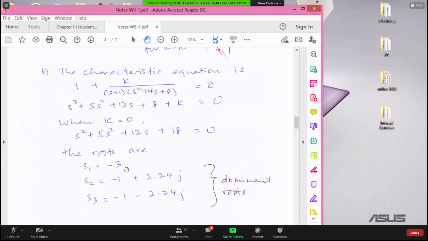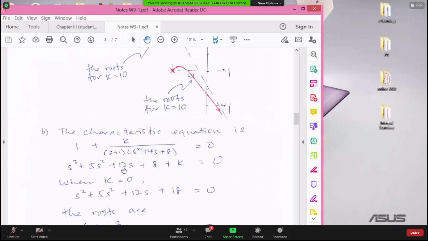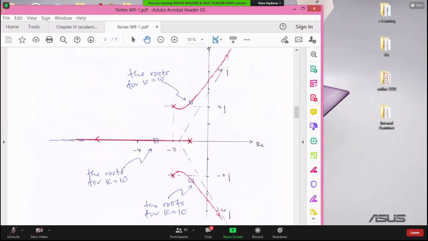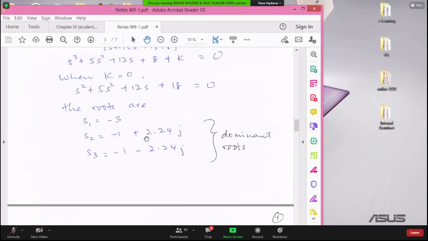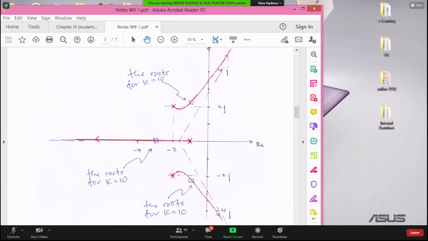So -3 is further. Let's go back to the block diagram. When the value of k is equal to 10, you have three roots, one at -3, which is the real root, and two complex roots at -1 plus 2.24j and -1 minus 2.24j.